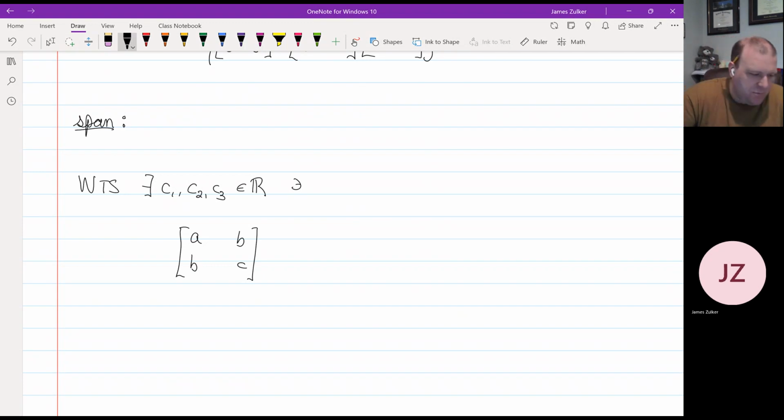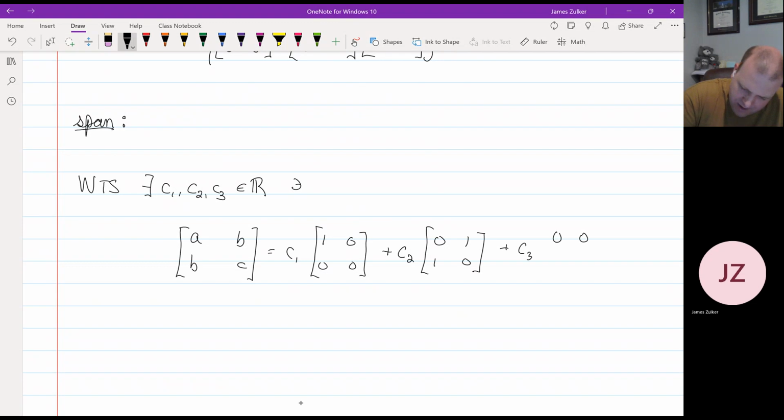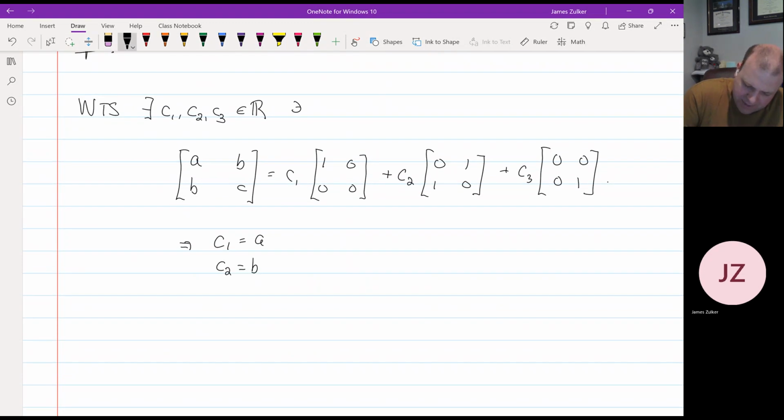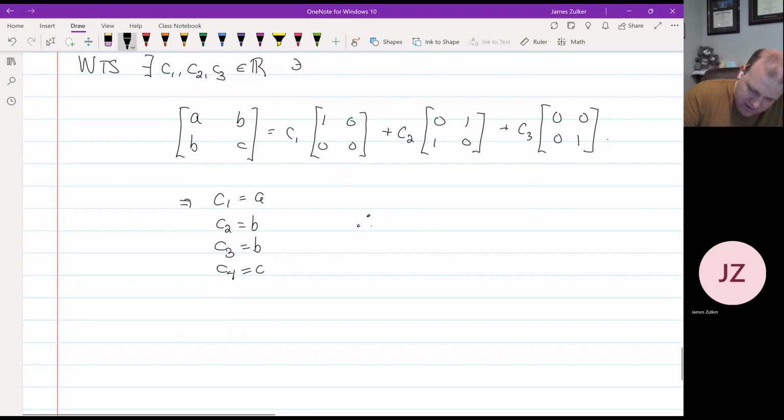So that's the form of a symmetric 2 by 2, equals C1 times our first vector plus C2 times our second plus C3 times our third. Well, notice that this equation implies that C1 has to be A, C2 has to be B, C3 has to be B, and C4 has to be C. We found a solution. So this does span W.